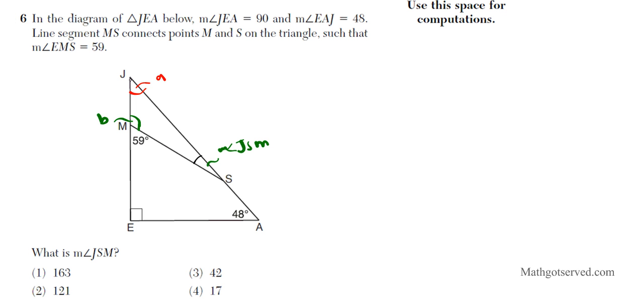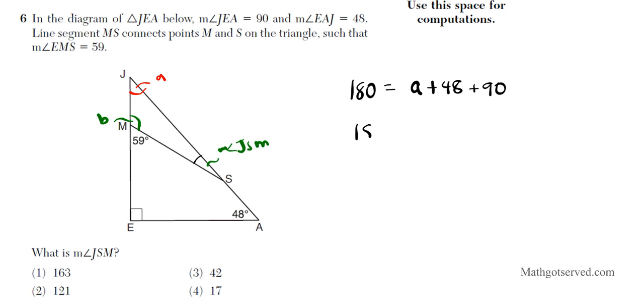So to find angle A, let's focus on triangle JEA, the bigger triangle. To find angle A, I know that 180, which is the sum of the interior angles of a triangle, is equal to angle A plus 48 plus, this is the right angle, plus 90 degrees.